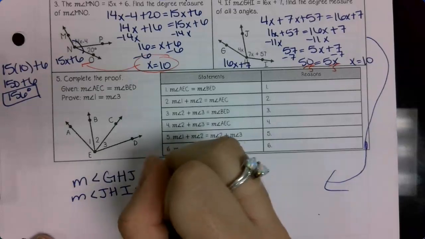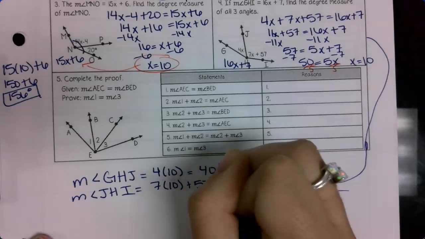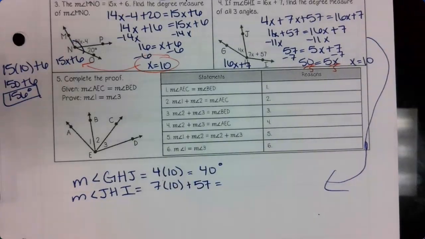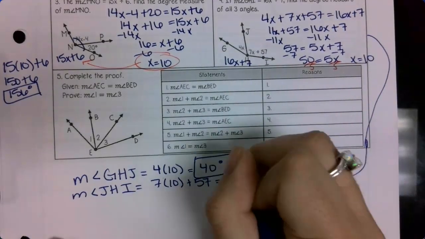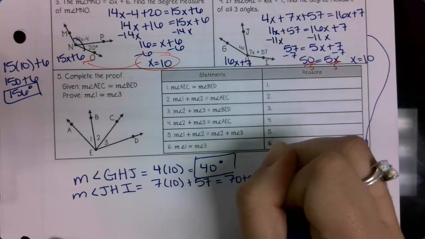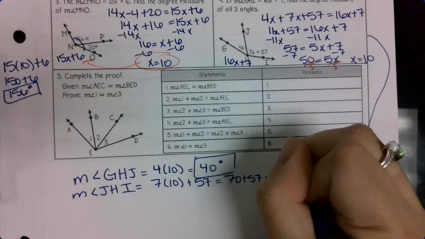That one is going to be 7 times 10 plus 57. So what's 7 times 10? And 70 plus 57?